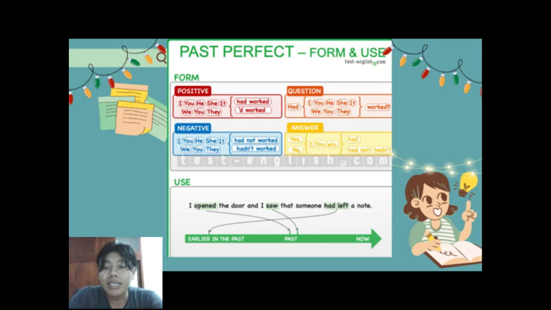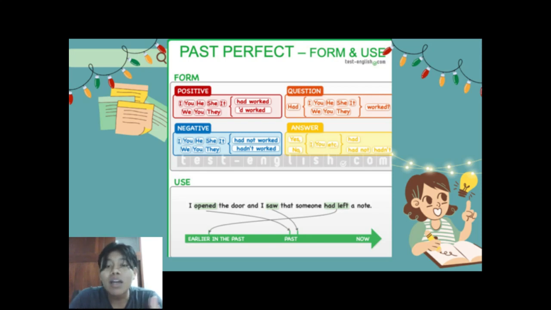And the point here, as you can see in this slide, is this sentence: I opened the door and I saw that someone had left a note. If you realize, there are two verbs in past simple, which are I opened and I saw. And at this point, we use the past perfect for what happened before the action, the past simple.